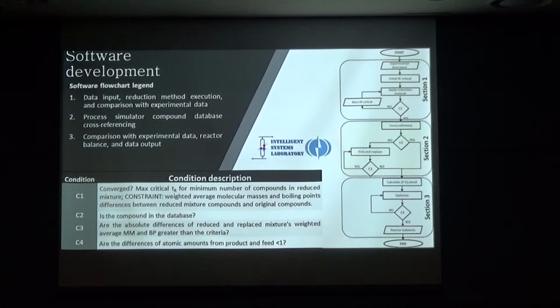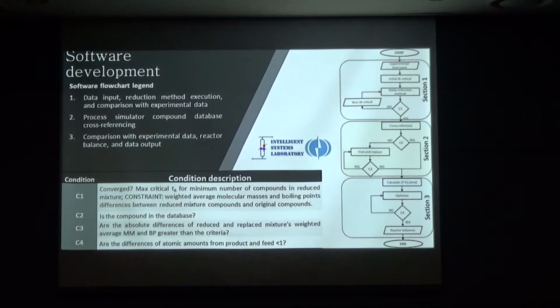The software is divided into 3 sections. The first one does what I've just explained, the reduction method, after which it performs the compound database cross-referencing of the chosen process simulator, which will actually find and replace components which are the most similar, so that the output has only components from the process simulator database.